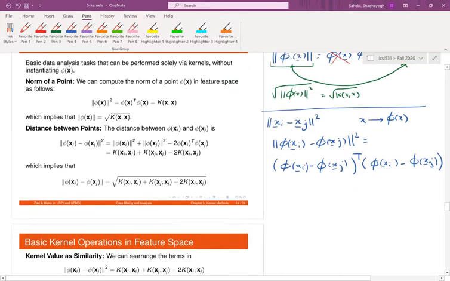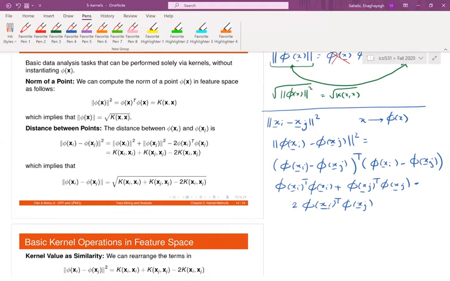If we do this dot product, we will get phi of xi transpose phi of xi, plus phi of xj transpose phi of xj, minus 2 phi of xi transpose phi of xj. Why? Because phi of xi transpose phi of xj is equal to phi of xj transpose phi of xi, right? So we are going to have two of these.